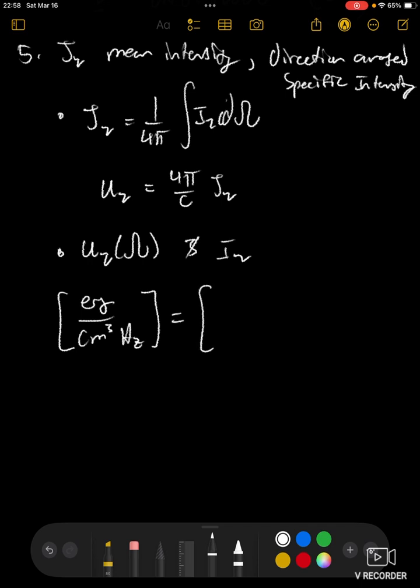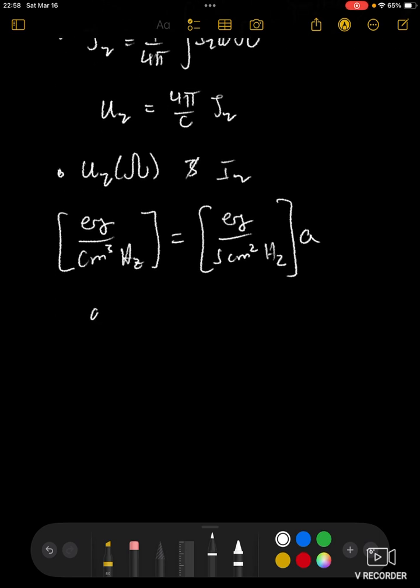We know that I nu is equal to ergs per centimeter squared second, in hertz. So what is this going to be? We'll call this A. What do we need to multiply this by in order to get this other side? Well, we're going to have to remove this s right here. So this s, we're going to need to multiply it by another centimeter squared.